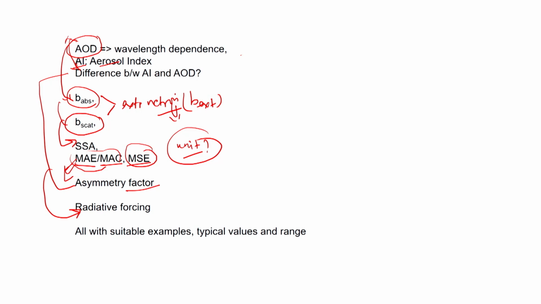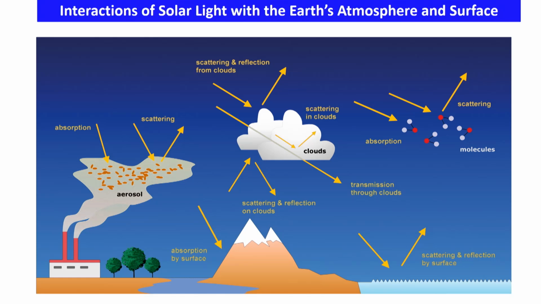We will also have some suitable examples, typical values and ranges. So, these are very important and good slides. Here you see absorption by the surface: whatever the surface is, what is the amount of radiation that is actually absorbed by the surface, and then you can have scattering and reflection by the surface.